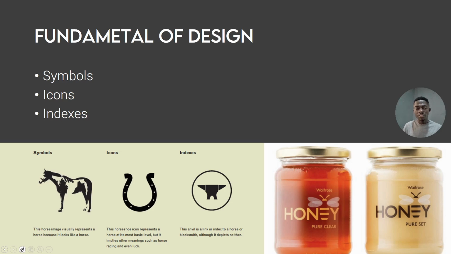Or do we blend the anvil, or use the anvil instead, something to balance or compensate each of the ideas? That's what we'll be looking at. We'll do more of that in logo design, but know that icons, symbols, and indexes can be added to designs to make them very nice and attractive.